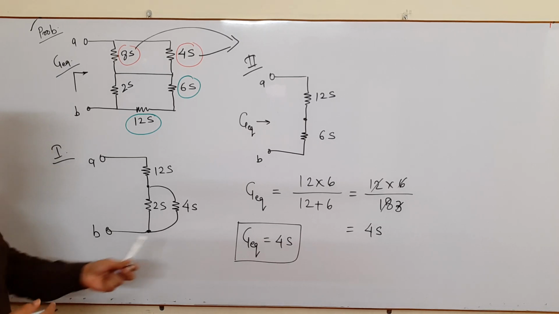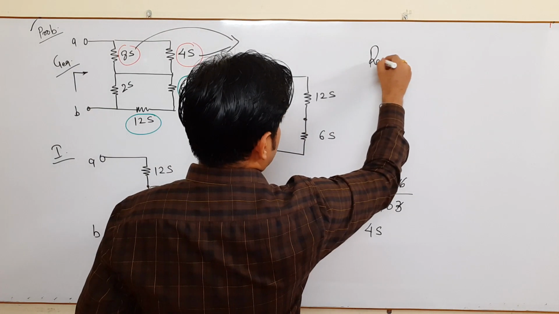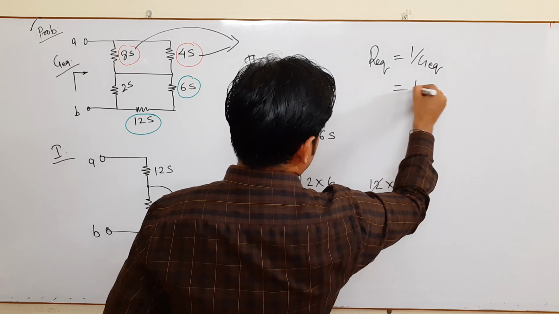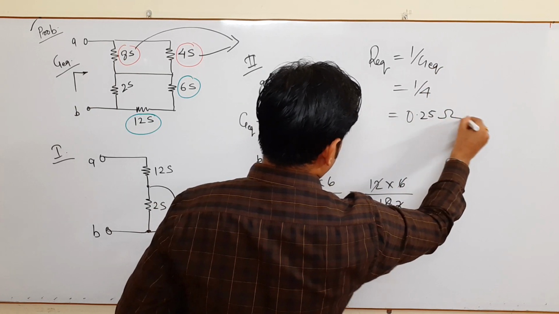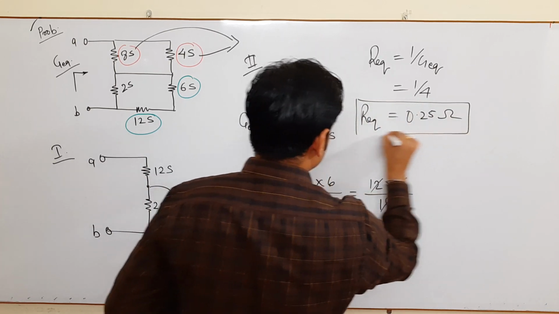Or you can find the value of R equivalent also. R equivalent is 1 by G equivalent, so 1 by 4, that comes to be 0.25 ohm.